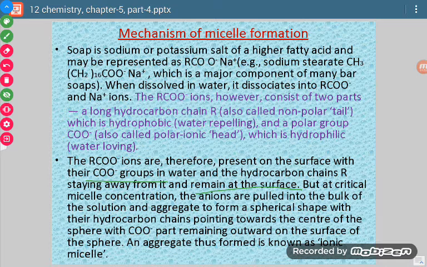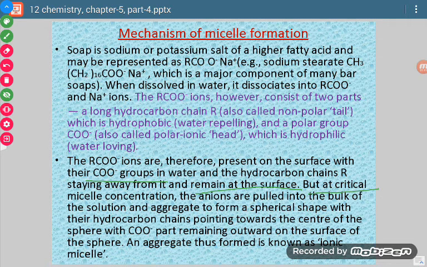So the water-hating end, that is the non-polar end or water-repelling end or non-polar tail, will be on the surface, trying to be away from the water.